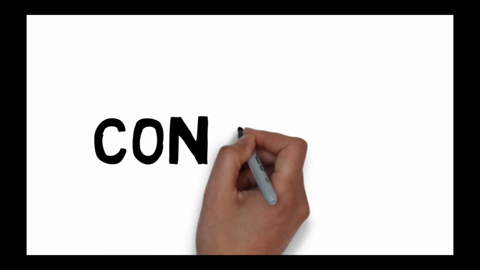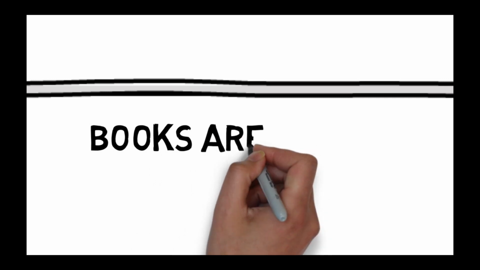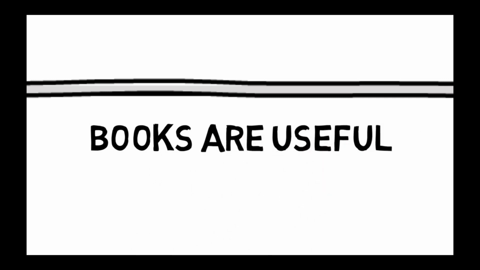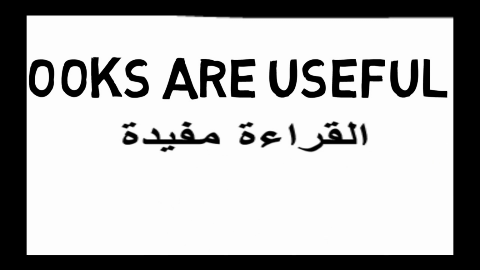Another type of modulation is to move from concrete to abstract ideas, and the other way around. For example, books are useful. We can also say القراءة مفيدة. Reading is useful.